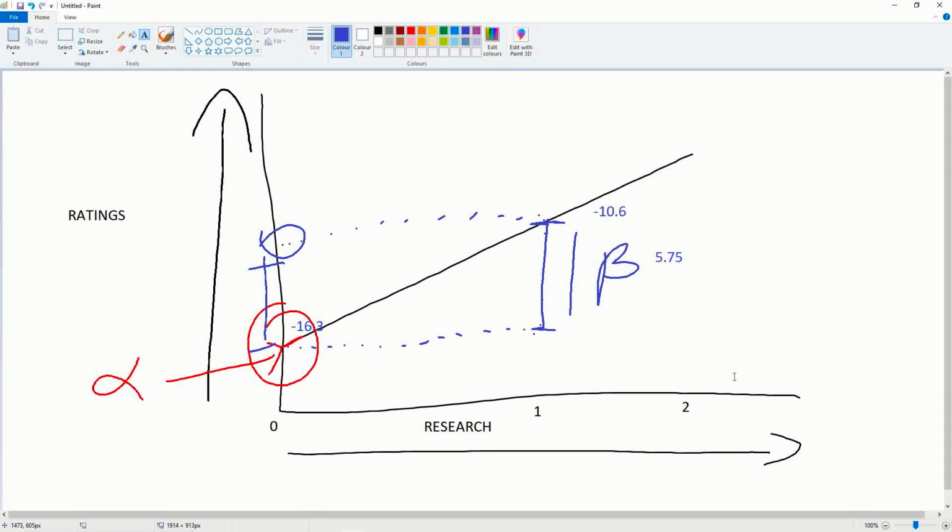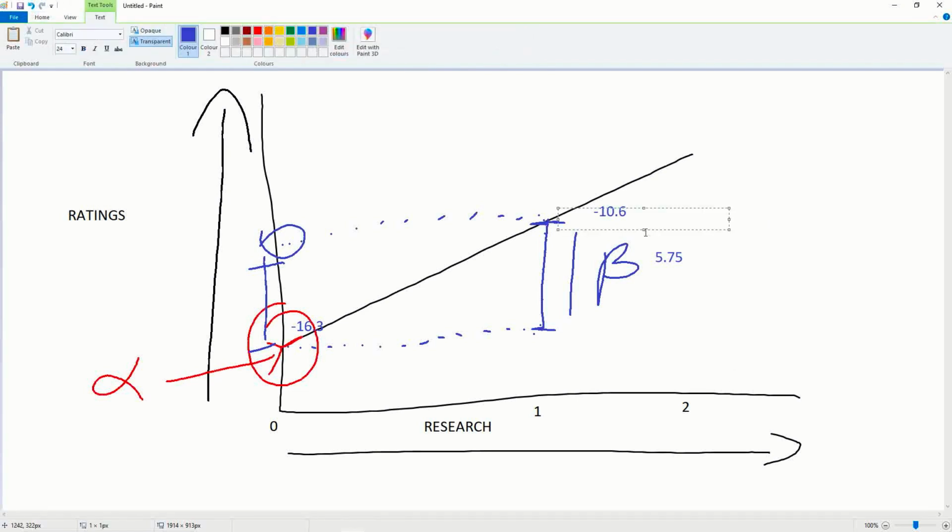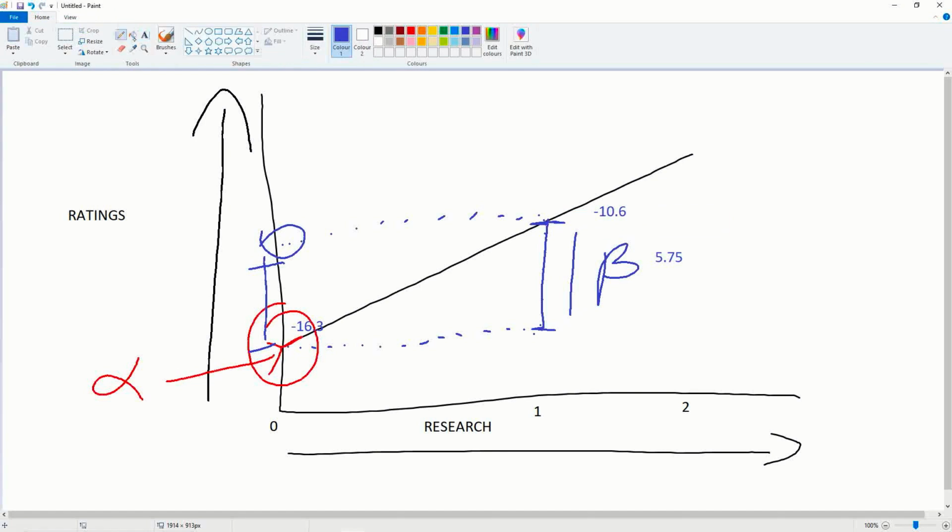Now what we can do with the beta is we can come out here to the next point, in this case 2, and go up. And this would have the same beta value, so that same 5.7 increase. And then for 3, it'd be another 5.7 increase. For 4, it's another 5.7 increase. And this continues going up the line.